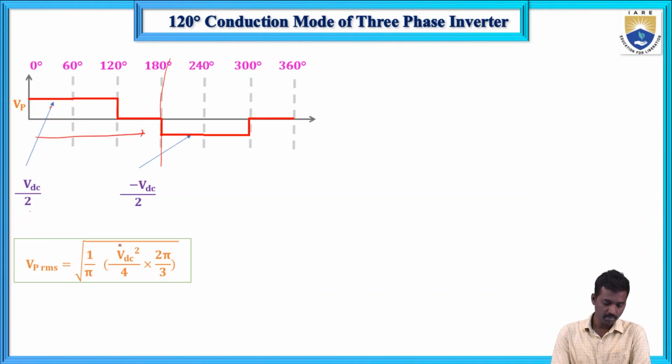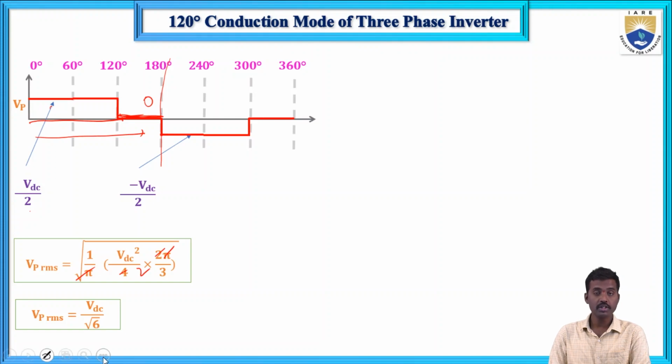So this is VDC by 2 whole square, up to 2 pi by 3 duration, and from 120 to 180 degrees the value is 0. So the V phase RMS value, pi gets cancelled, 2 and 2, so VDC by root 6.